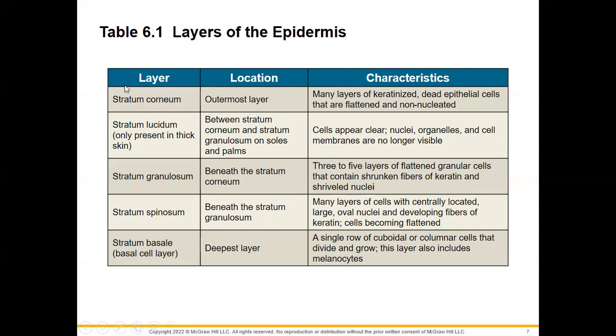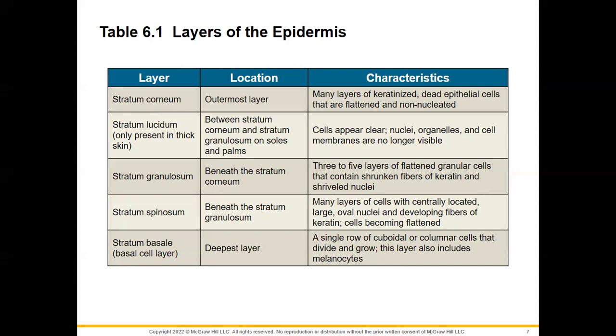And then the most superficial layer is the stratum corneum. In corneum, we can see the word corn. What I want you to think about are corns on the feet. When we talk about a person having corns on their feet, we usually talk about them having thick layers of skin in portions of their feet.